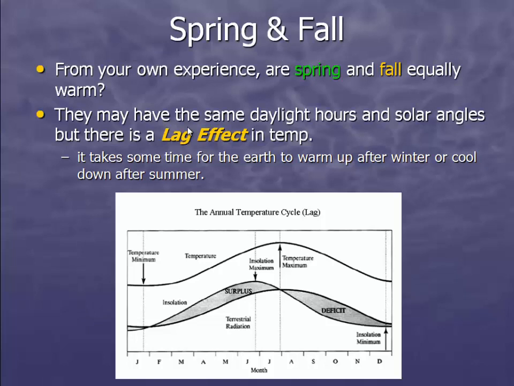To finish off this lecture, I'd like to talk a little bit about temperature cycles in relationship to radiation. And I like to pose the question in class, from your own experience, are spring and fall equally as warm?